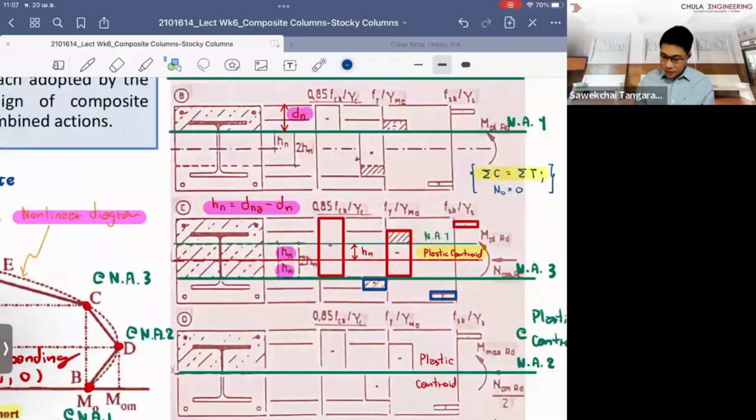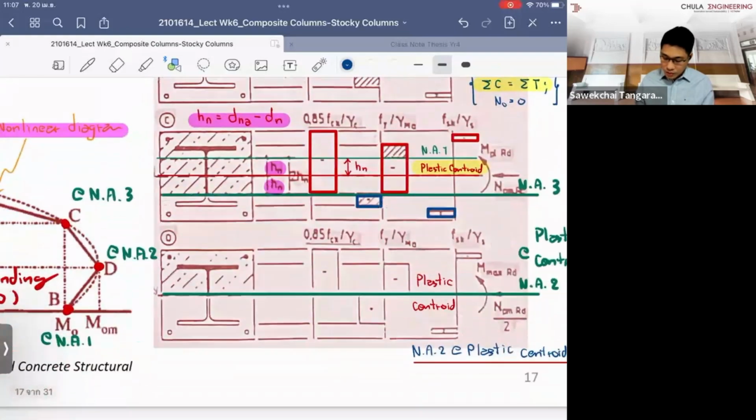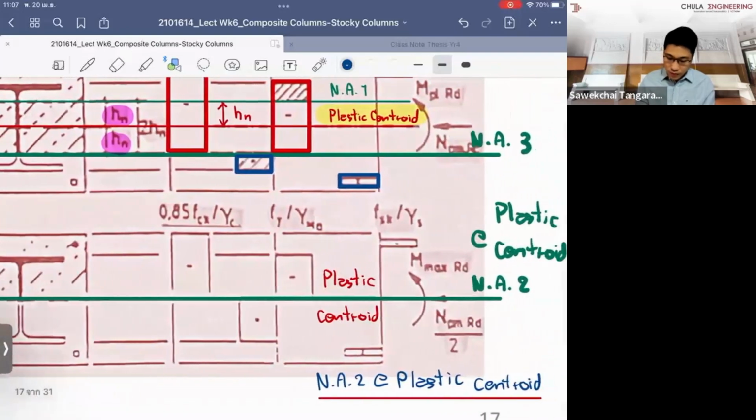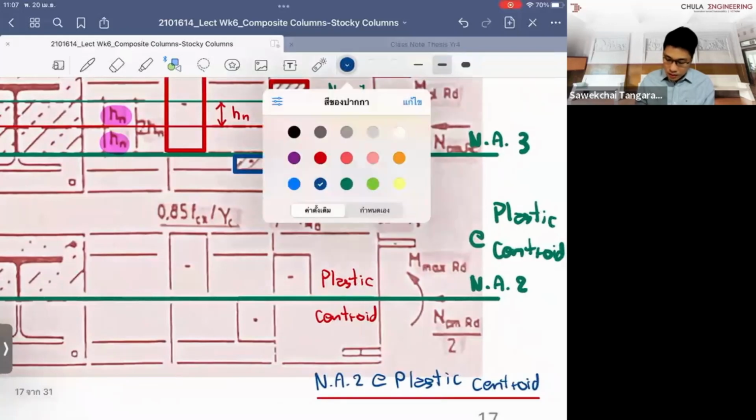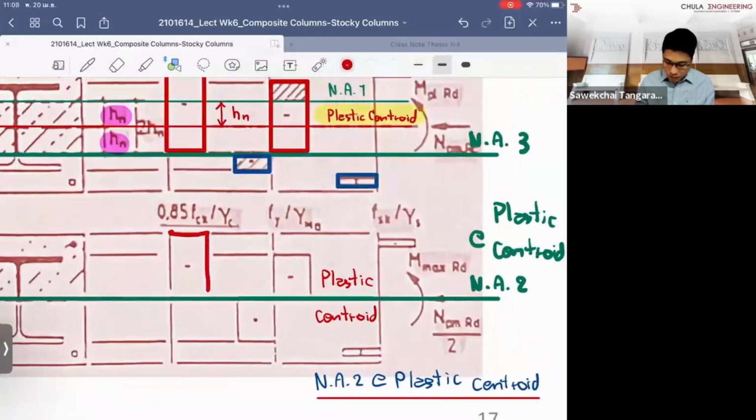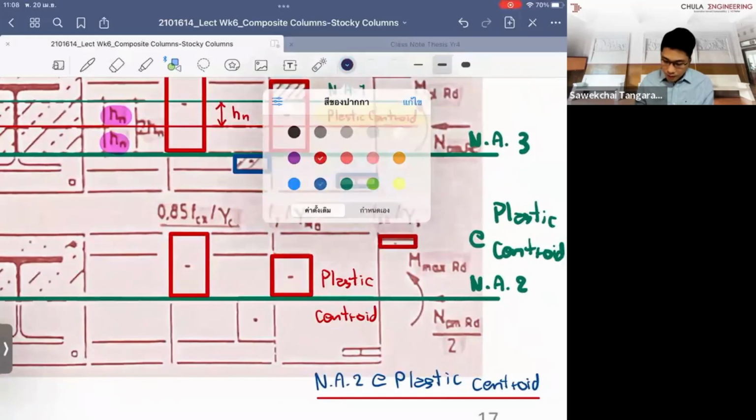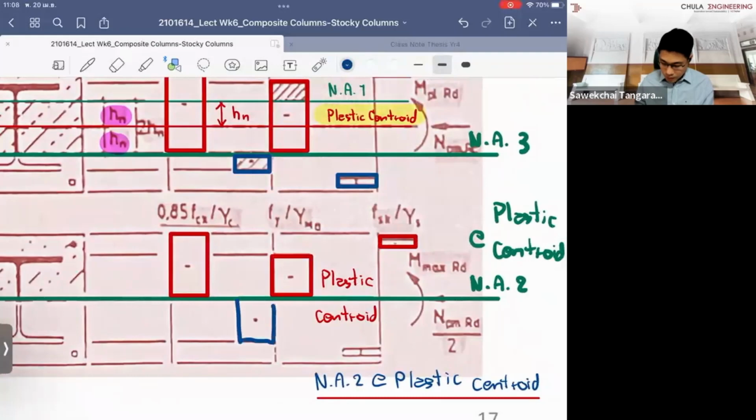When you raise it up to neutral axis point number 2, once again this is where the compression stress is, and this is where the tensile stress is.